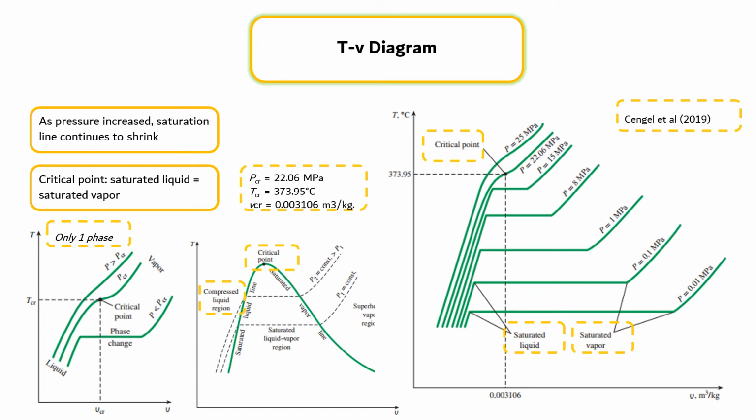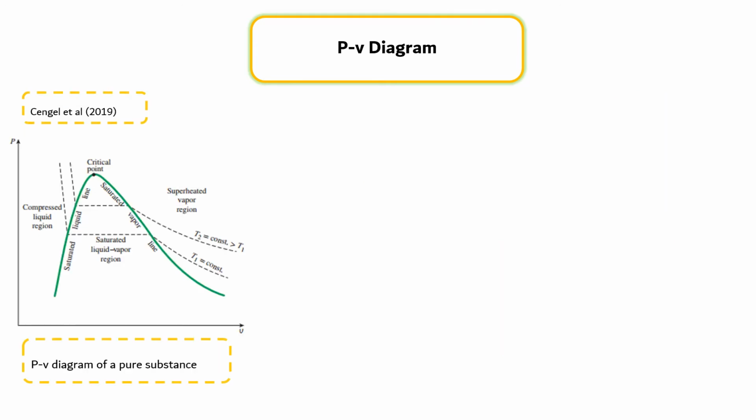All the superheated vapor states are located to the right of the saturated vapor line, called the superheated vapor region. In these two regions, the substance exists in a single phase, a liquid or a vapor. All the states that involve both phases in equilibrium are located under the dome, called the saturated liquid-vapor mixture region or the wet region.